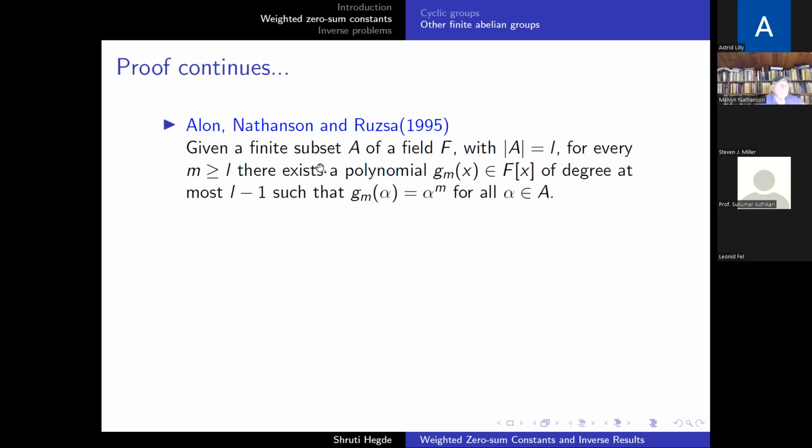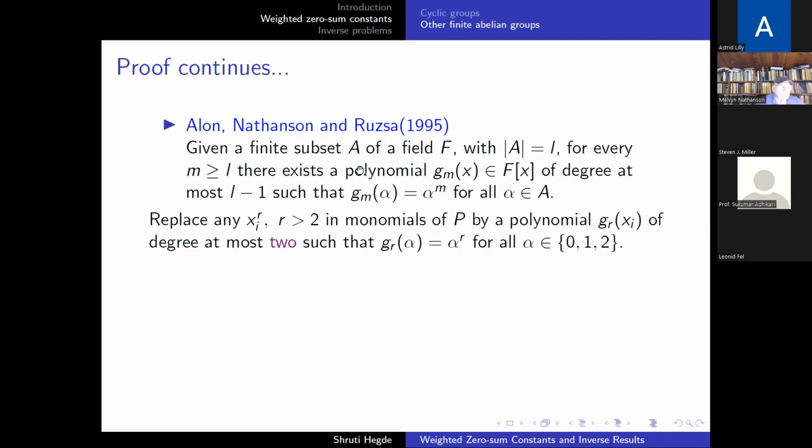It says that if A is a finite subset of a field F and its cardinality is L, then for any integer m greater than or equal to L, there is a polynomial g_m(x) over the field F whose degree is at most L minus 1 and whose value at alpha is alpha to the power m for all alpha in the set A. So we use this lemma with the set A as {0, 1, 2}.